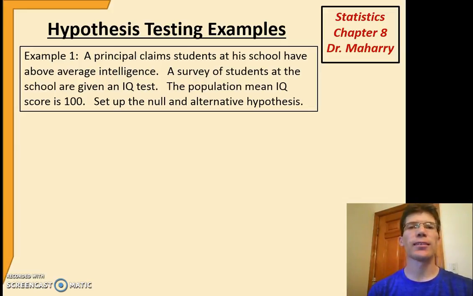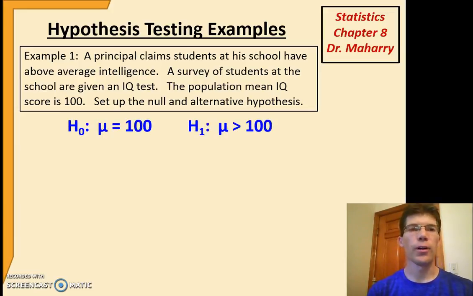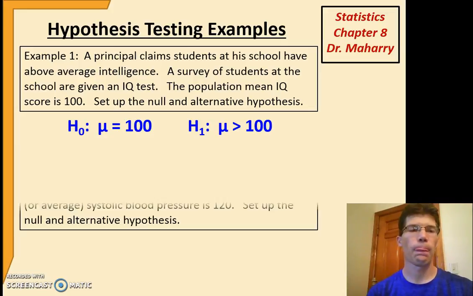So if I wanted to test that students from this particular school had a higher IQ, I might set up a hypothesis something like this. The mean is 100, that's what we know from previous data, or that's the general average across the whole population, versus the alternative that students at this particular school are above average or have a score higher than 100.